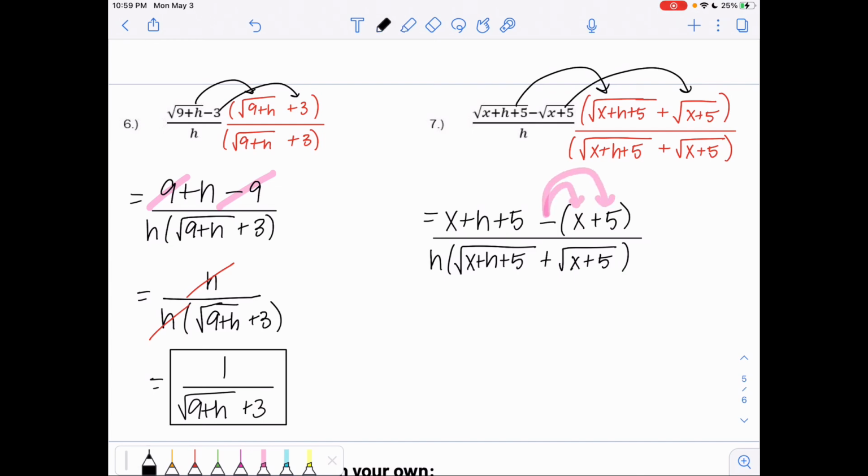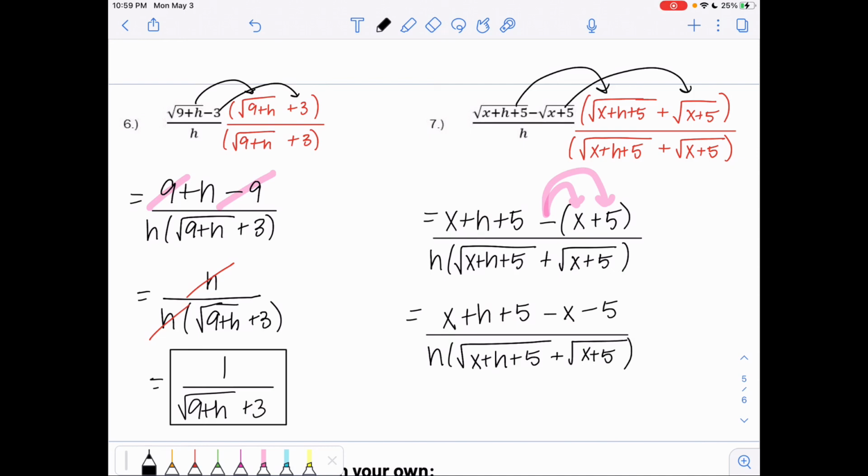So on top, I now have x plus h plus 5 minus x minus 5, all over my denominator of h times the square root of x plus h plus 5 plus square root of x plus 5. I look up top and see I have a positive x and a negative x, so I'm going to cancel those. I also have a positive 5 and a negative 5, so I'm going to cancel those.